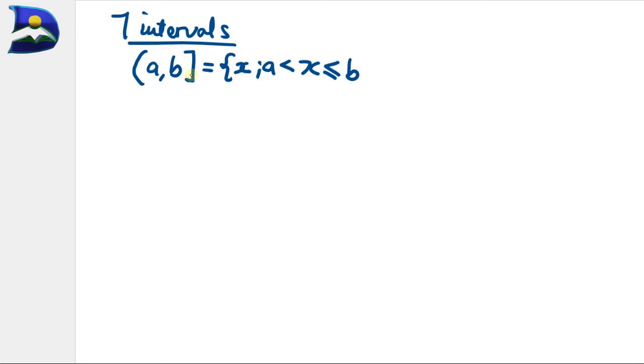So therefore, as we are going to show on our number line, when we draw our number line, we locate our A and B regions. What we figured out is that where A is less than X, that means that it is not an endpoint.